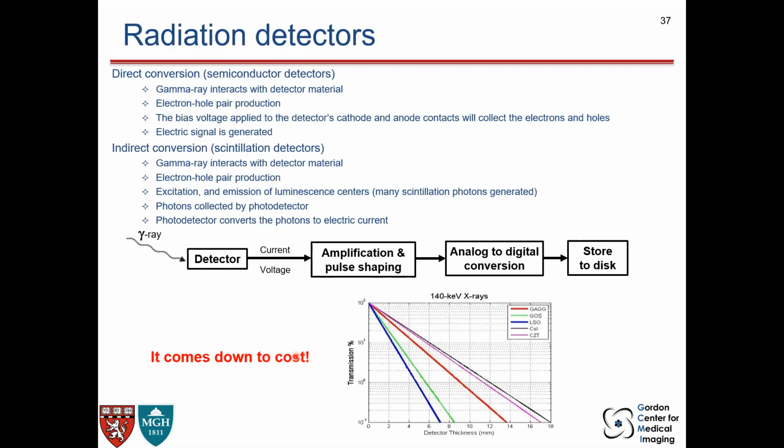At the end of the day, you have a cost issue. Even though semiconductors are more favorable, you have a cost issue. CZT outperforms almost everyone else in terms of resolution and energy resolution, but not cost. And you have to have a very thick CZT crystal to stop the gamma rays.